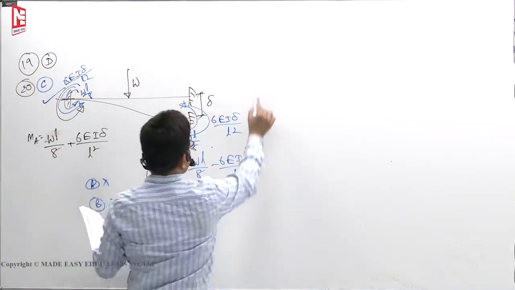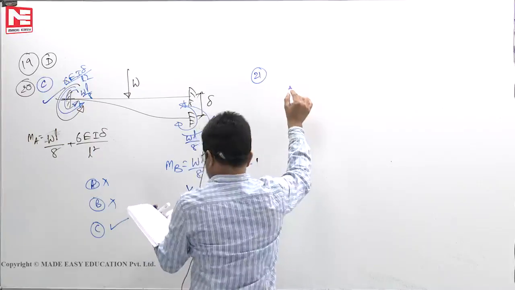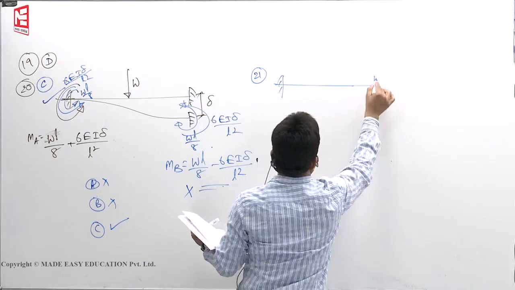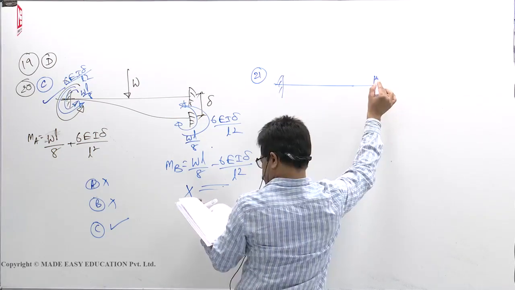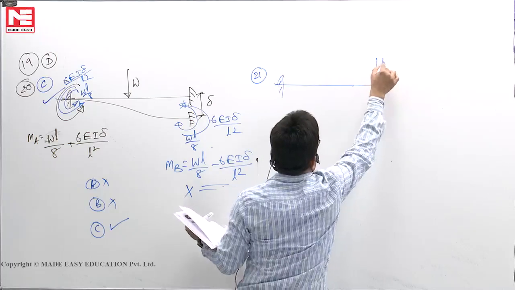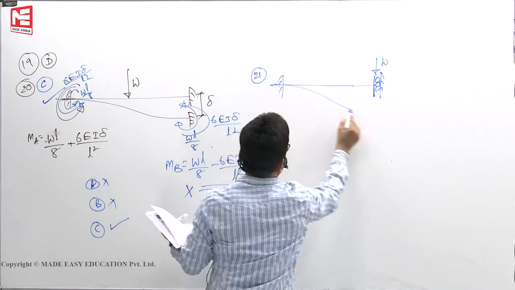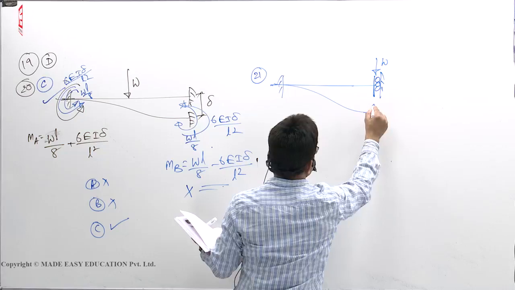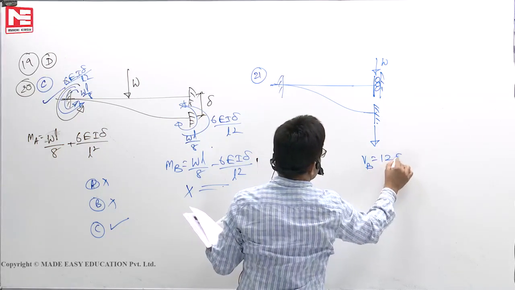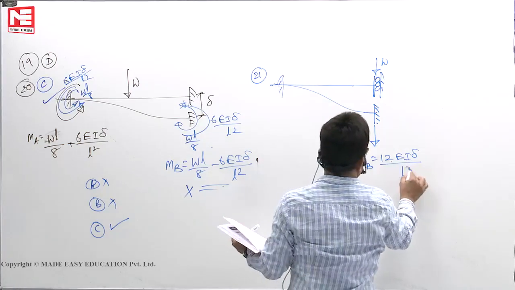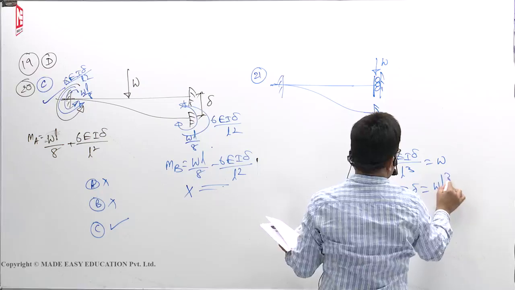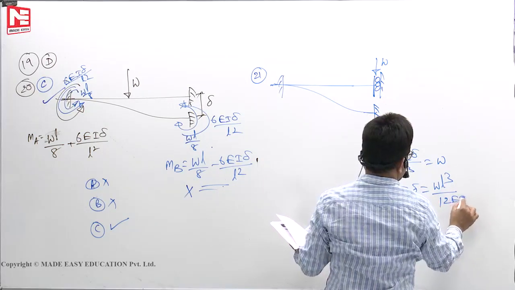Next, 21 we solved in the class. So this is like this. Whatever problem has been given, you make it like this. Fixed support, loading was there, W. The deflection profile will go something like this. If I take it this way, there is a pull VB, let us say 12 EI delta by L cubed is equal to W. So from this delta is WL cube by 12 EI.